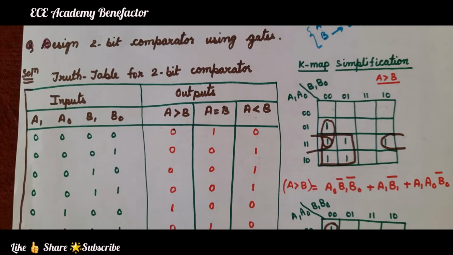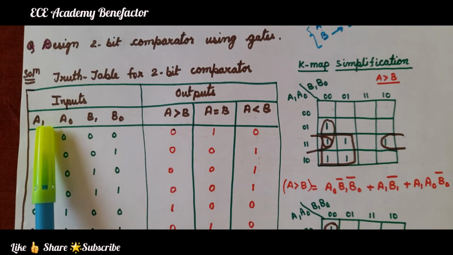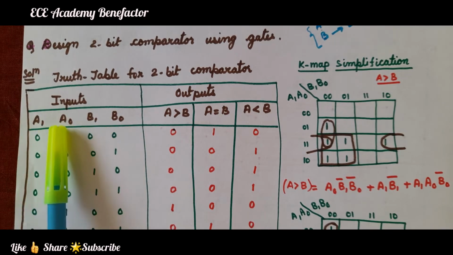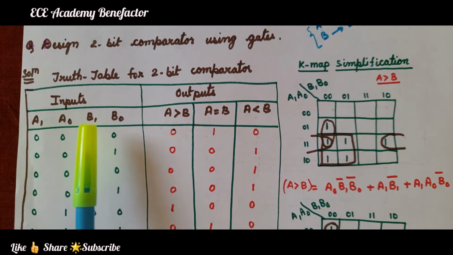In the truth table we have as inputs two 2-bit numbers A and B. A is A1, A0 and B is B1, B0. So, there are 4 inputs in total: A1, A0, B1, B0.